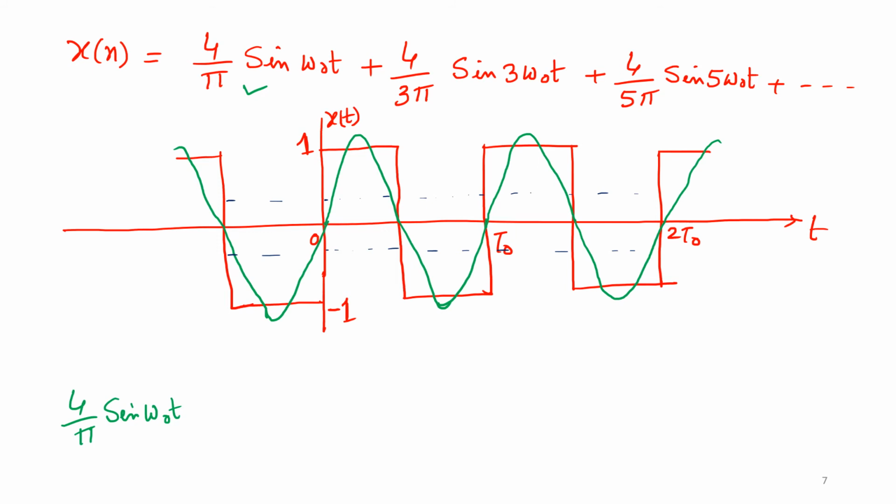That is the maximum height, 4 upon 3 pi. Now its frequency is triple, means within this T naught you should have 3 cycles. So T naught by 3. If we divide this way, this is T naught by 3, this is 2 T naught by 3, and this is your T naught. These are 3 cycles.